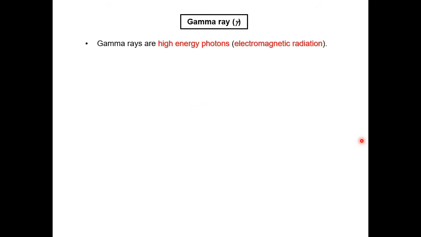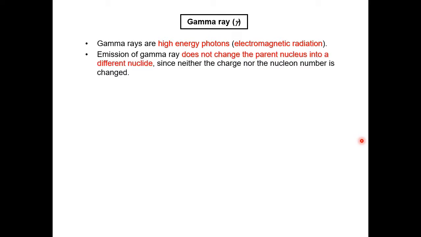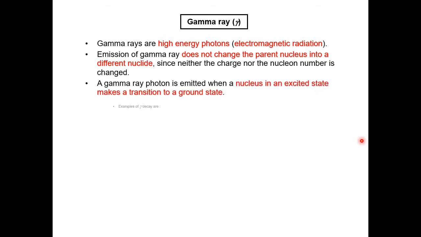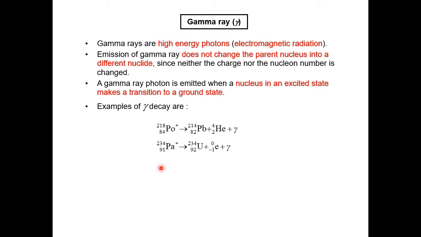Gamma ray. Gamma rays are high energy photons, or known as electromagnetic radiation, and they do not change the parent nucleus into a different nuclide. The nucleus in an excited state makes a transition to a ground state. Examples of gamma are polonium, which produces plumbum and helium plus gamma, and protactinium, which will produce uranium plus beta minus or electron and gamma.